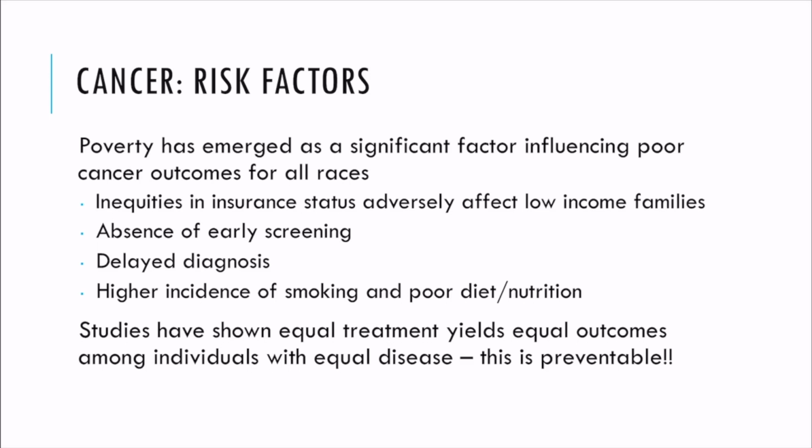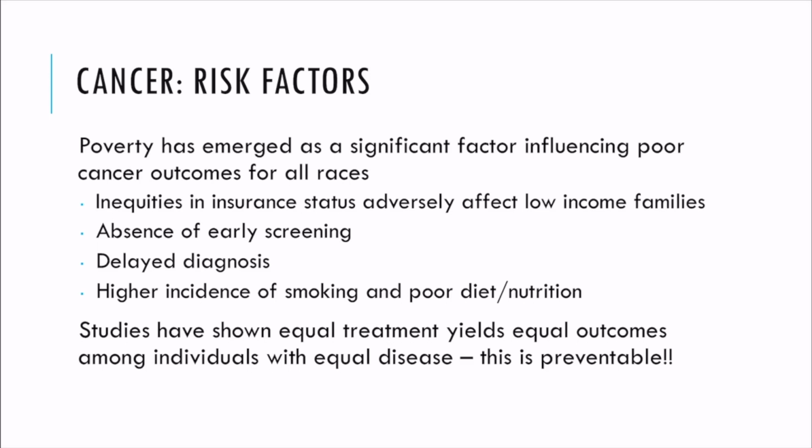So simply because there's less access to healthcare, things aren't being caught that can be caught if we would just support every member of our country and give everybody health care. There's also higher incidences of smoking and poor diet in households that are under the poverty threshold.